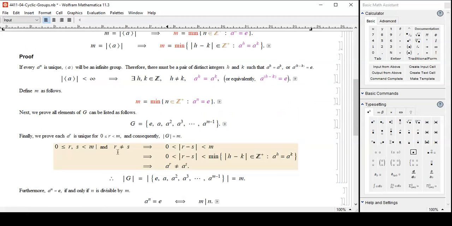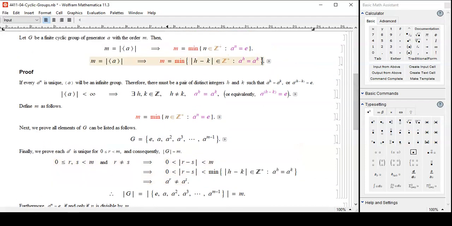r and s are different. If you subtract one from the other and take absolute value, the biggest will be m minus 1 minus 0, so less than m, yes. And then they are different, so greater than 0. So this integer, r minus s, in absolute value is greater than 0 and less than the minimum, because m is defined like this, you see, over there.